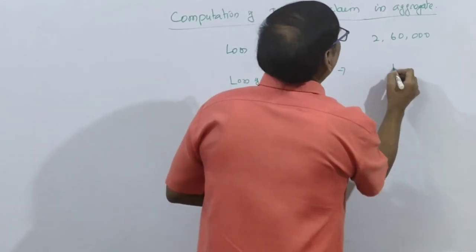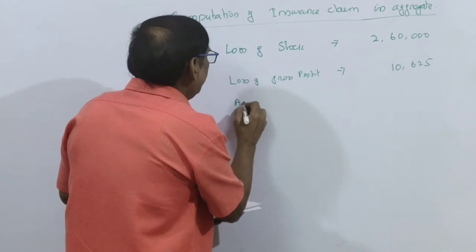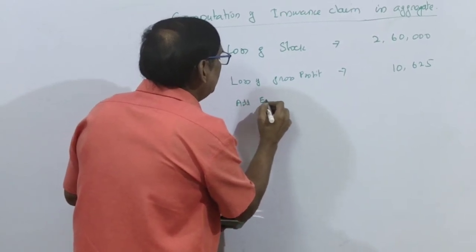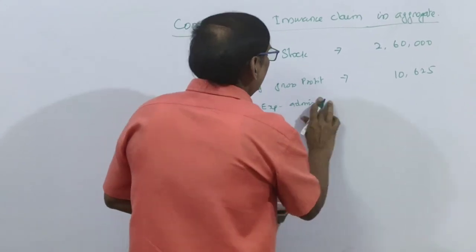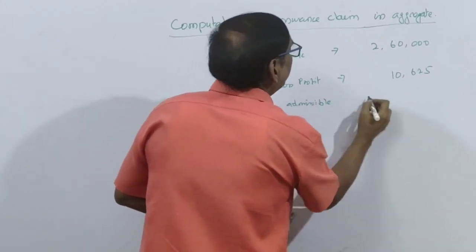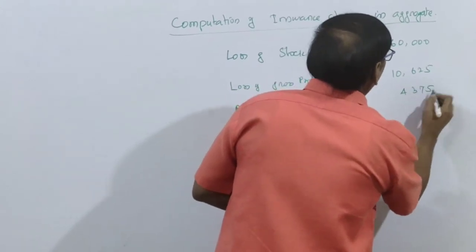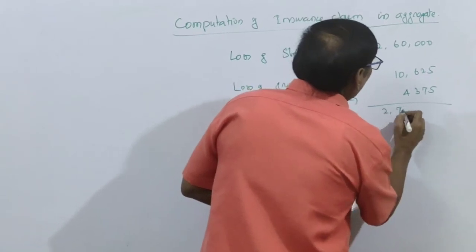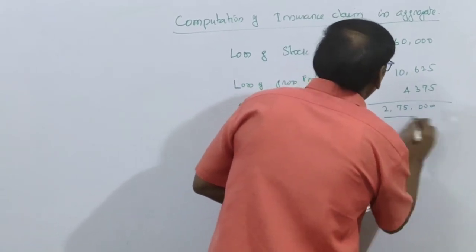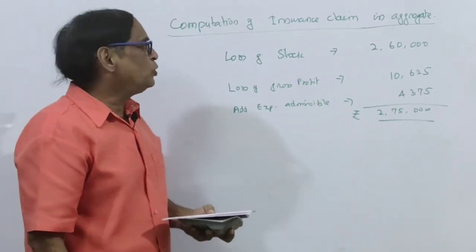It is coming around 10,625. And then additional expenses admissible by the insurance company, rupees 4,375. If we add these three, it will come around rupees 2,75,000. This is the total insurance claim from the insurance company.